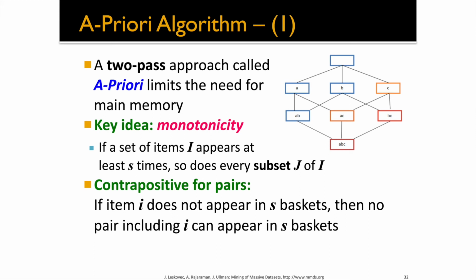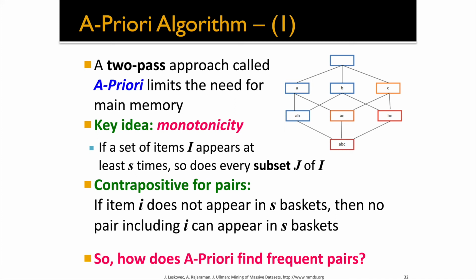So we can quickly throw out all possible association rules that do not have any of these pairs that we've identified as being sufficiently frequent.